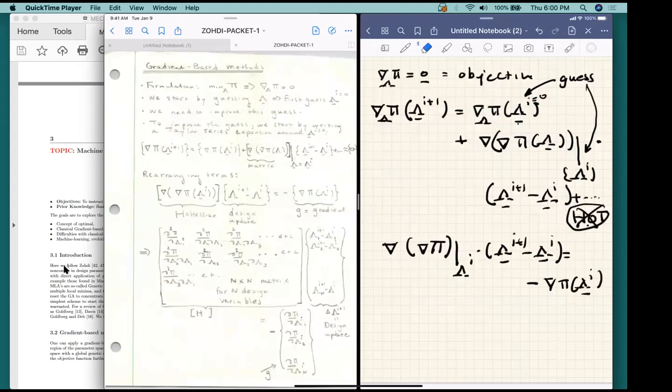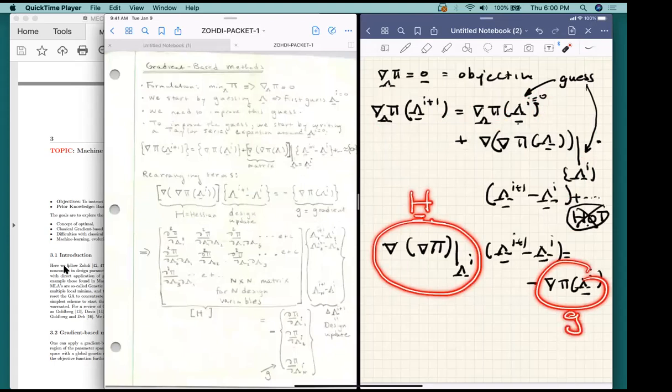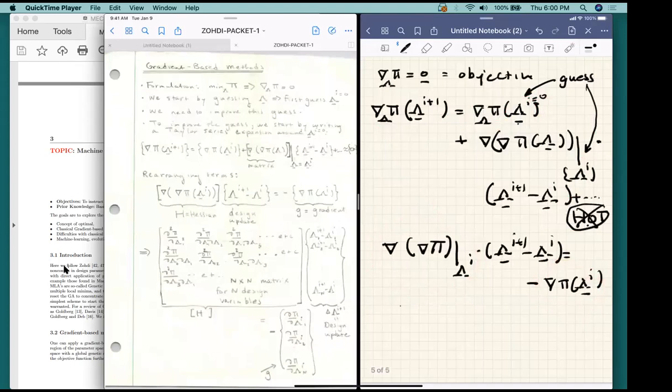To have shorthand notation, we're going to call this H. It's a matrix, as we'll see in a moment, and we're going to call this thing G for gradient. So it looks like H, a matrix, where every term is evaluated at lambda i, multiplied times the vector lambda i plus 1 minus lambda i, equals minus the gradient G, also evaluated at lambda i.